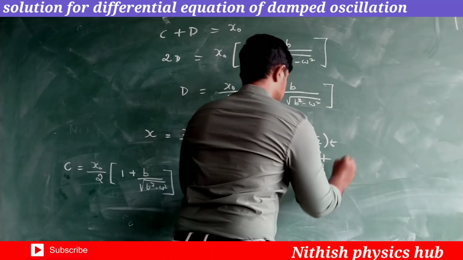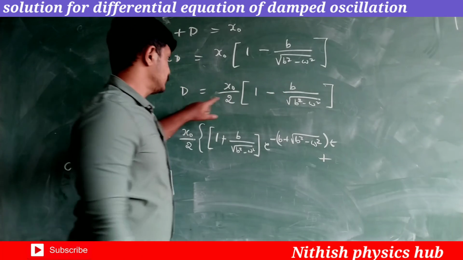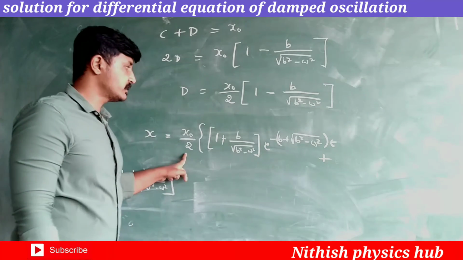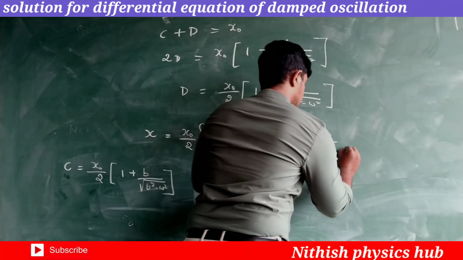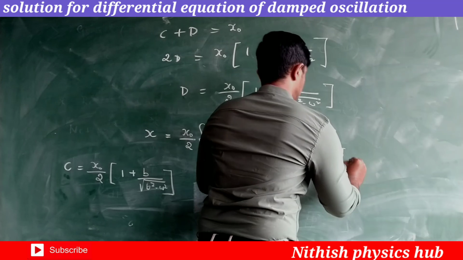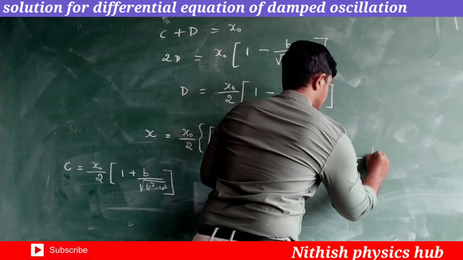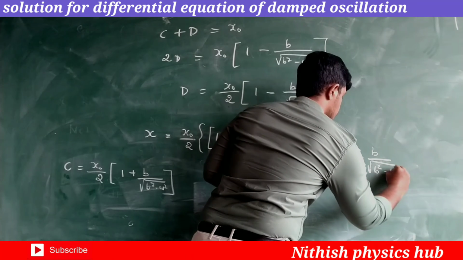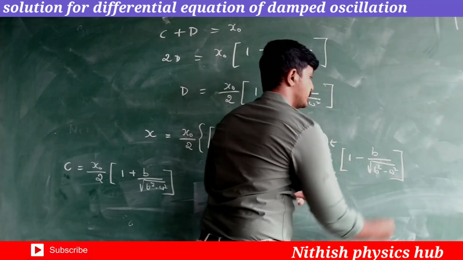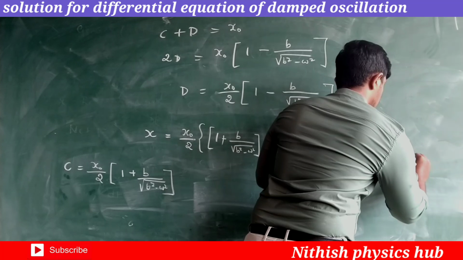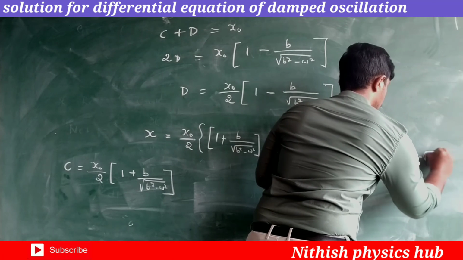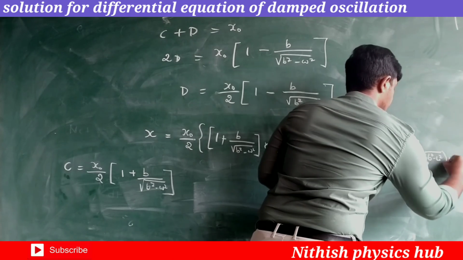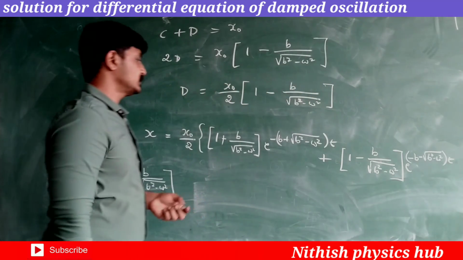Since the previous equation had a plus, I take a plus. And for d, since x naught by 2 is common, we took it outside; the remaining terms are 1 minus b divided by root of b square minus omega square, times the exponential of minus b minus root of b square minus omega square into t.